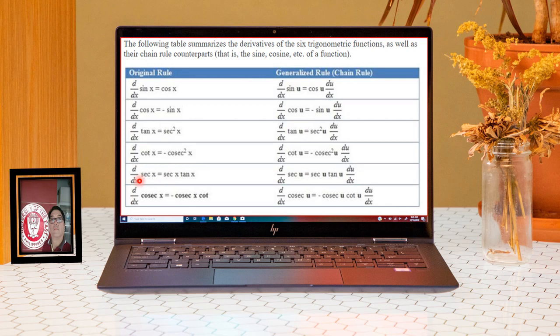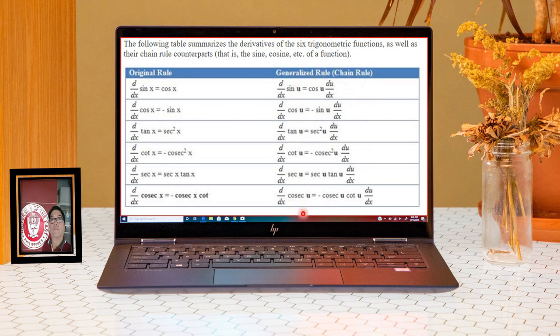The derivative of secant x with respect to x is equal to secant x tangent x. And lastly, the derivative of cosecant x with respect to x is equal to negative cosecant x cotangent x.